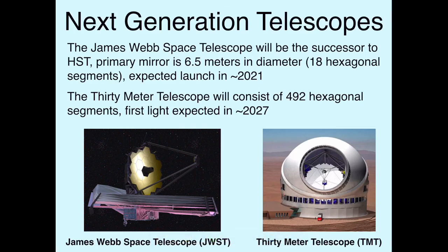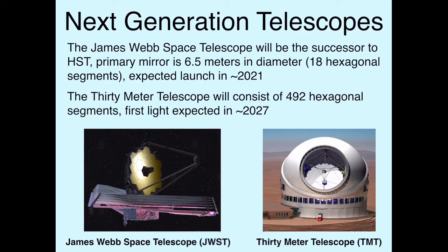And then later in the decade, around 2027, it's expected that the 30-meter telescope will be completed. This is a telescope that's currently under development, which, when it's constructed, will consist of 492 hexagonal segments. Absolutely gigantic telescope.